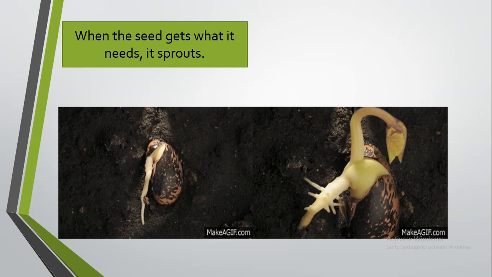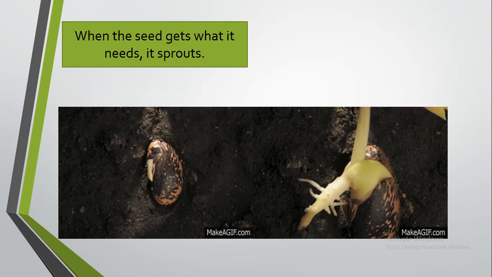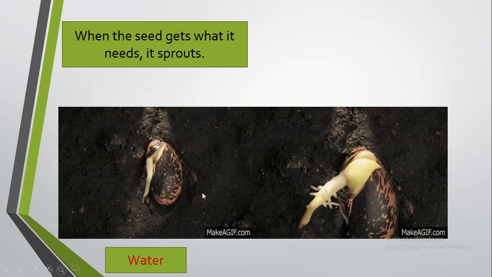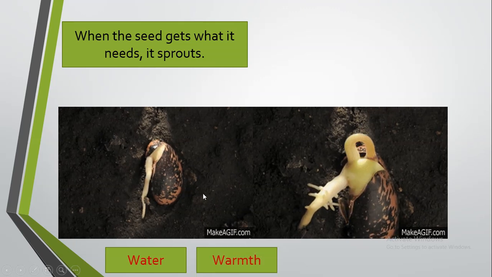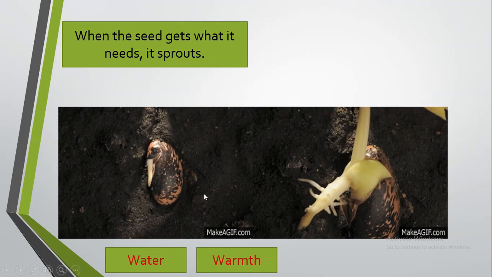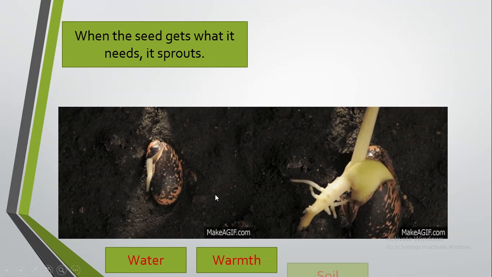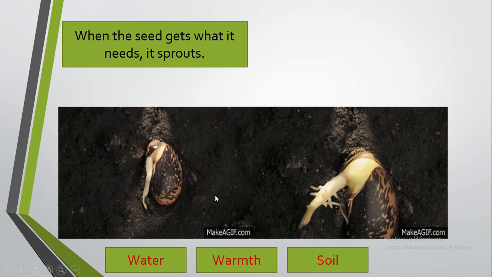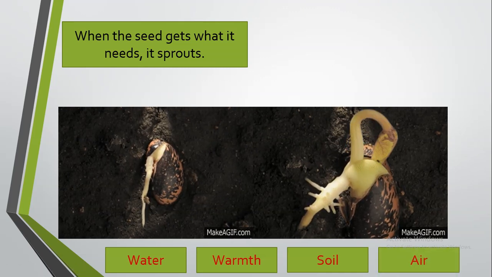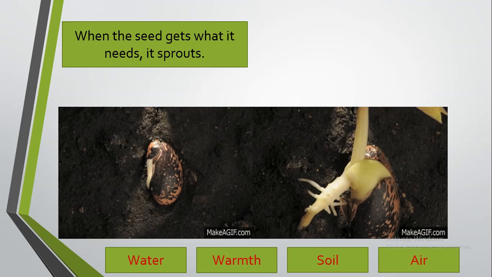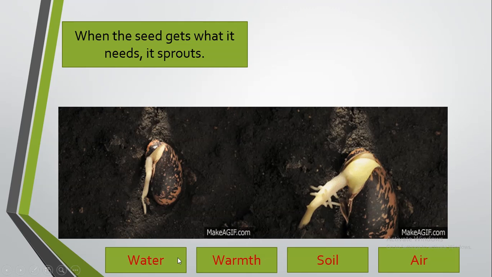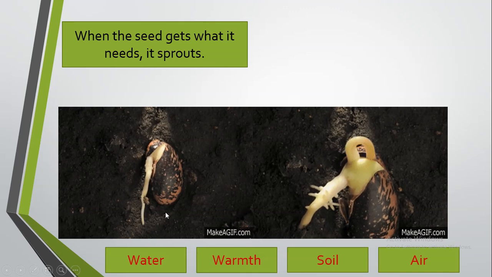In order to sprout, it needs water. It needs the right temperature, warmth. It needs soil to get nutrients. And it needs air. So these are the needs for the seed to sprout.